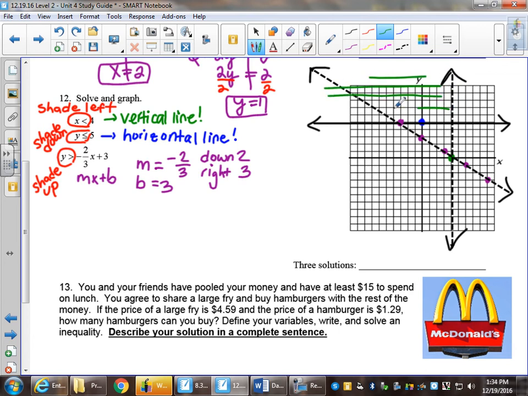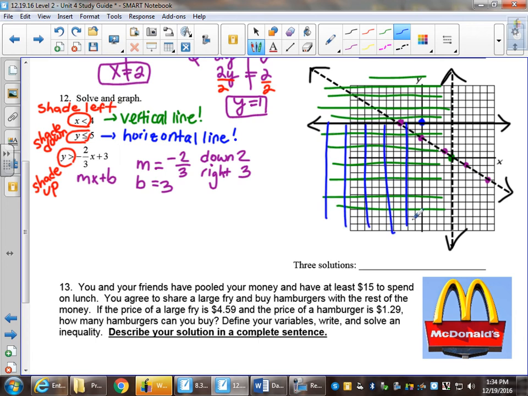So no scribbling. Make very clear lines. For the second line, the horizontal line, we said shade down. And for the third line, we said shade up.